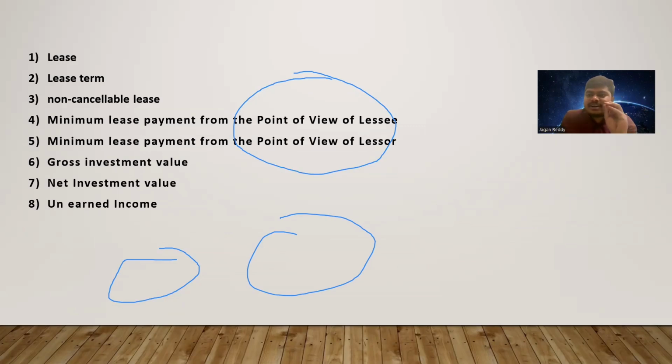If you understood these five definitions, the chapter is over. You can get 5 marks.